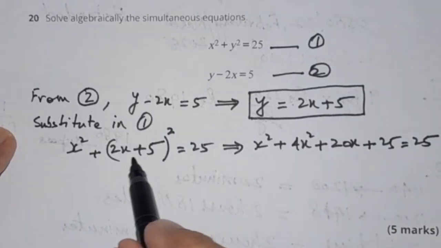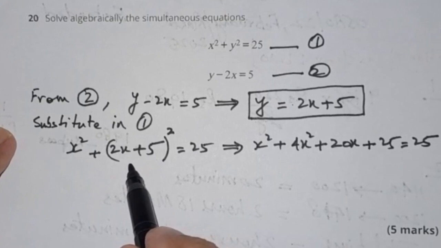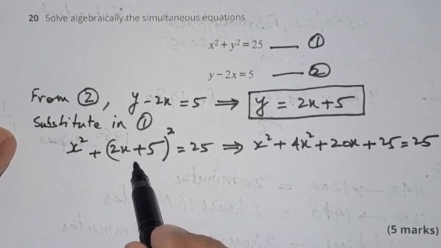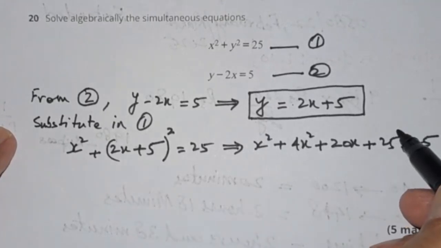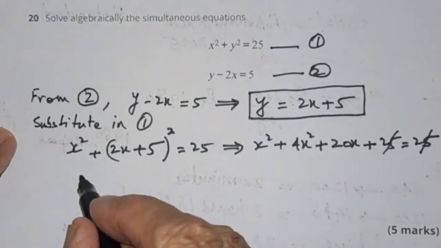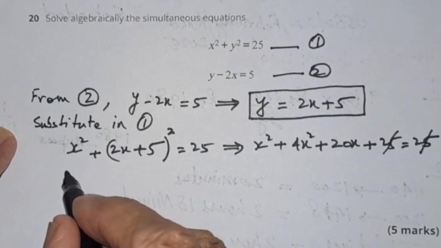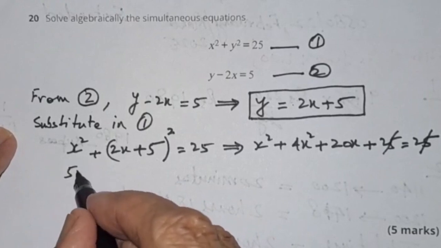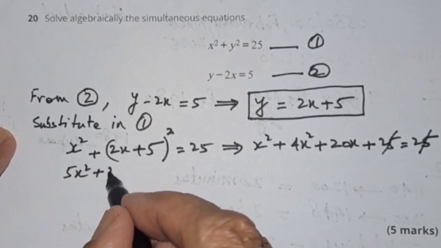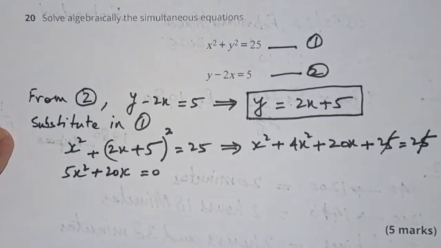This opening up is from a plus b whole square is equal to a square plus 2ab plus b square. Now this 25 and this 25 will get cancelled, and we will have 5x square plus 20x equal to 0.